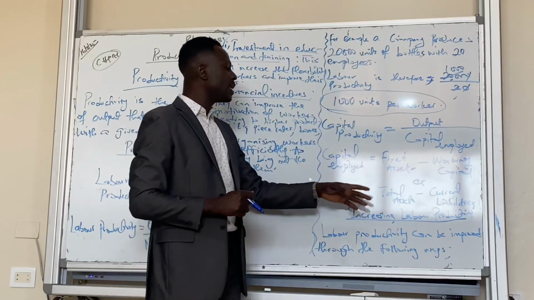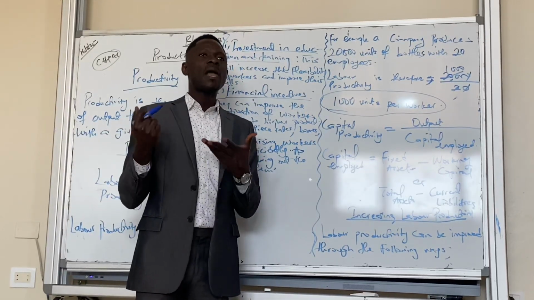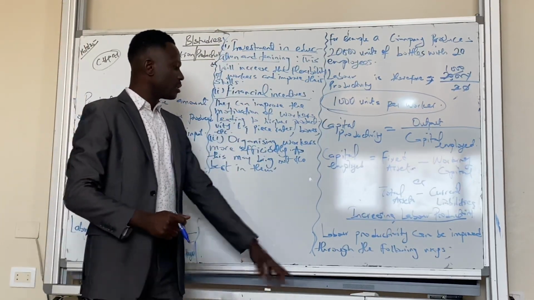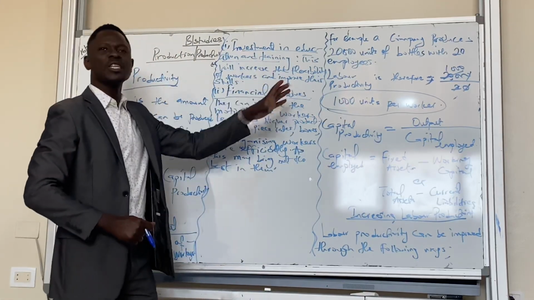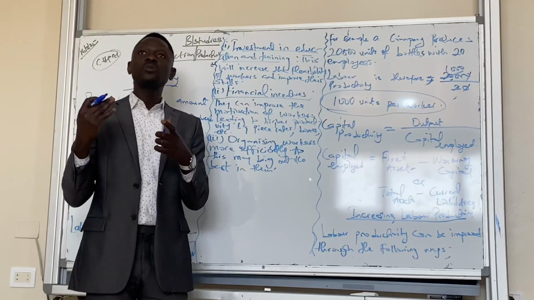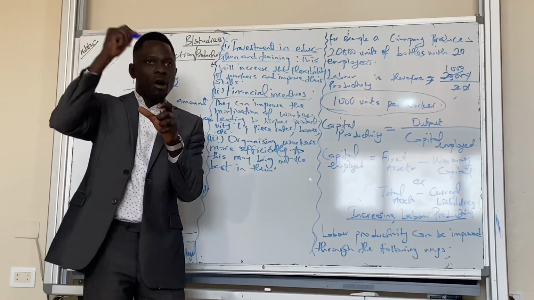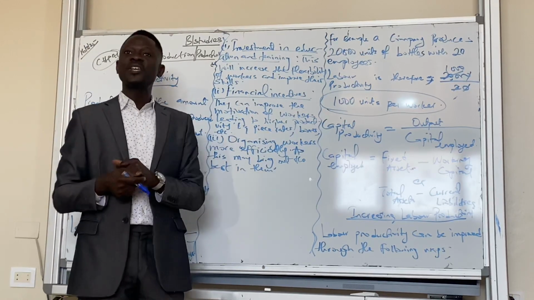So how do we increase labor productivity? To increase labor productivity simply means how do we improve labor productivity? Are you here? Good. Labor productivity can be improved through the following means. Number one, investment in education and training. If government is able to invest more in education, the workforce within the economy will be educated, and because they are educated, they will be more skilled.